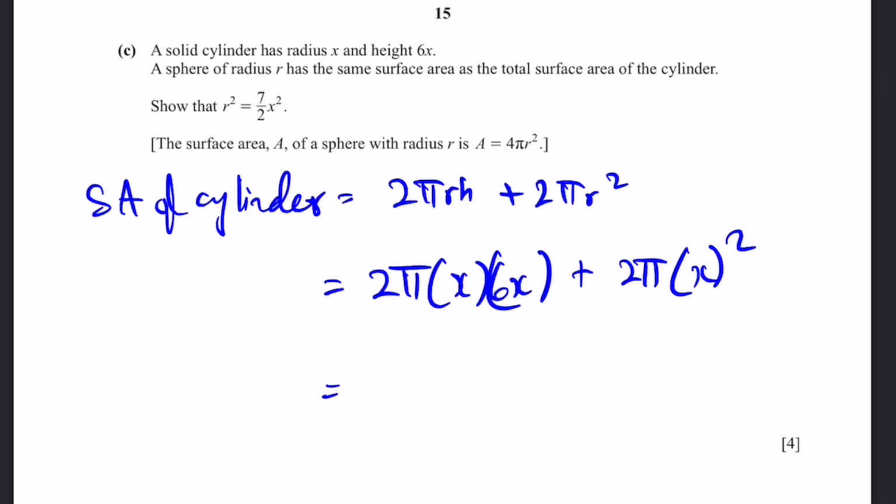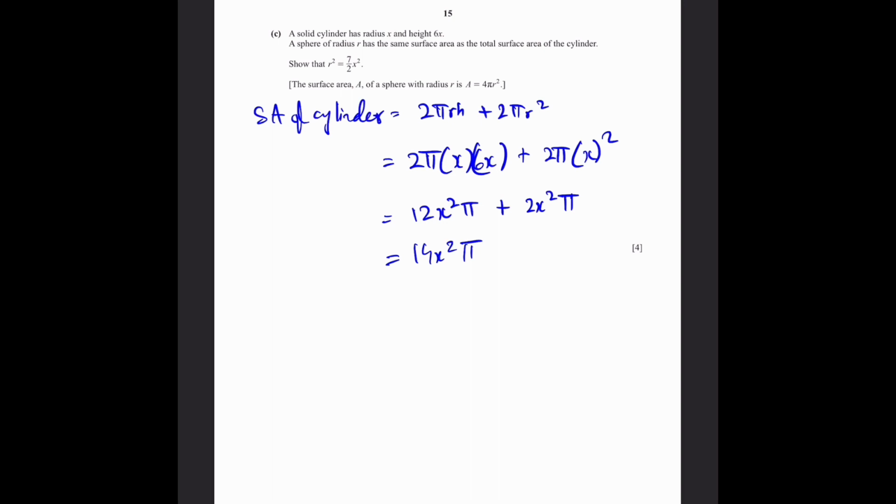That'll be equal to 2 times 6, 12, x squared pi plus 2x squared pi. And that will be 14x squared pi. And now the surface area of a sphere is equal to 4 pi r squared, which is equal to 14x squared pi, right? The radius is r, that's what we already substituted there.